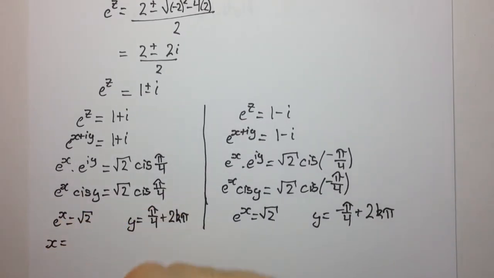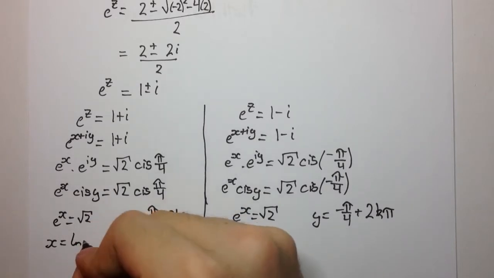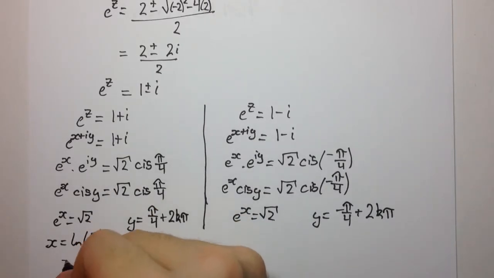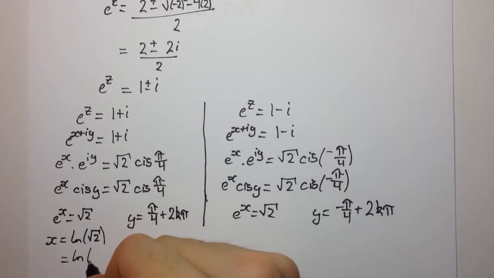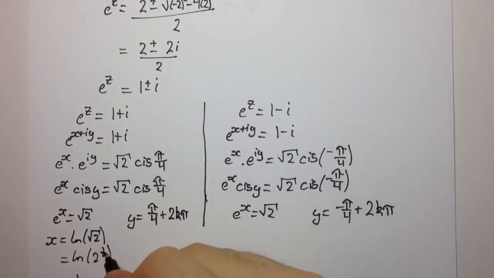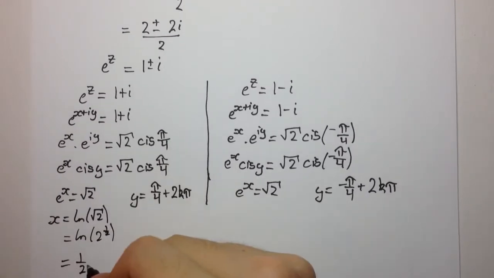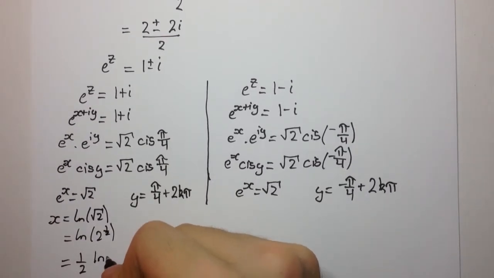So if we take the natural log of both sides, ln of root 2, now this is ln of 2 to the power of half. We can use our log laws, bring this down, so it's a half of ln 2.